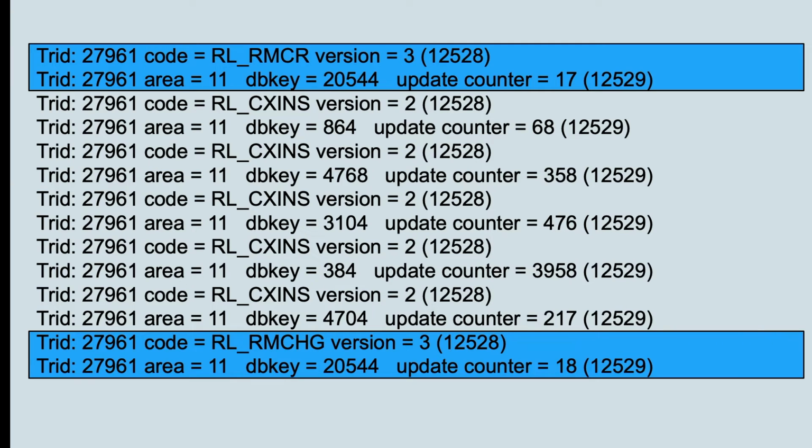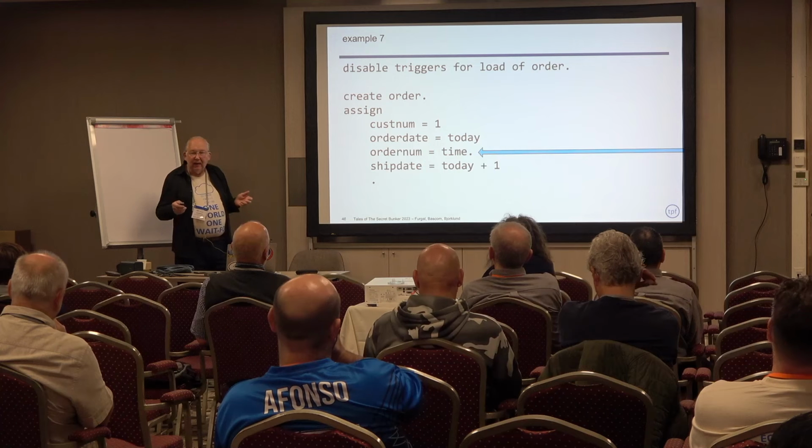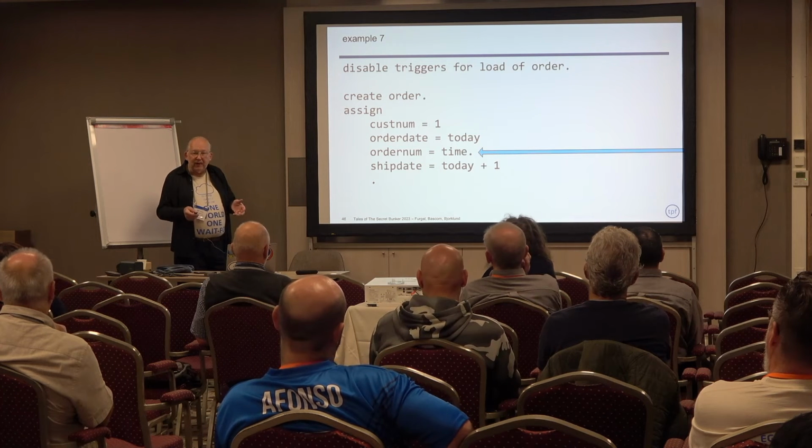And the update is because the last statement here got separated from the assign. So first all the assign stuff happens, and then you update the record to set the ship date. So you've turned one database operation into two.